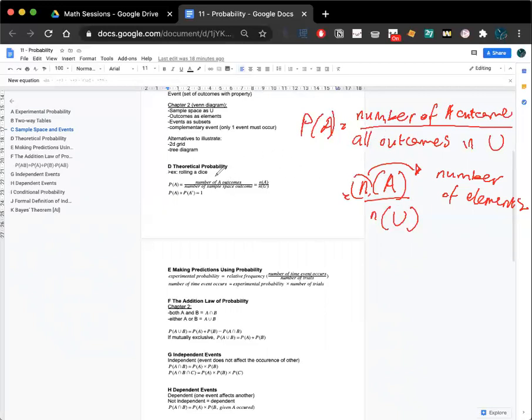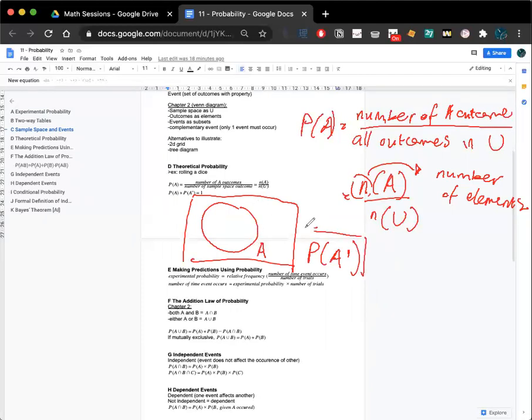And so most of the time, when it comes to theoretical probability, a set like this is usually one event, and the opposite of it is the other event, the only other option other than the first event.